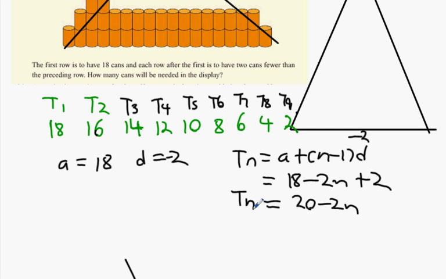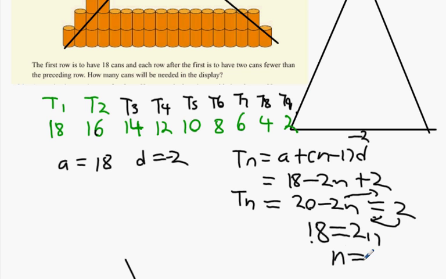If we didn't know that, you'd say Tn equals 2. You bring the 18 over there, you bring the 2n to the right and the 2 to the left, and what you'd get is 18 equals 2n, n equals 9. Is that okay?